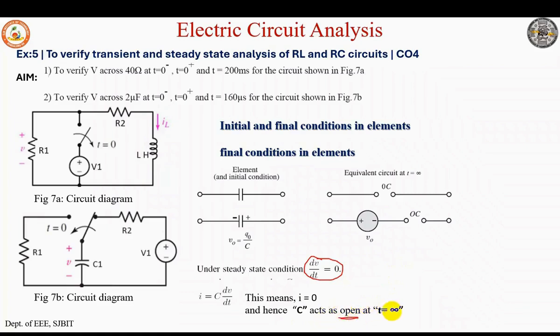So at t equal to infinity, or at final condition, we represent capacitance as open circuit. That means under steady state condition, inductance is represented as short circuit. Under steady state condition, capacitance is represented as open circuit. I repeat again, under steady state, inductance as short circuit, and capacitance as open circuit.